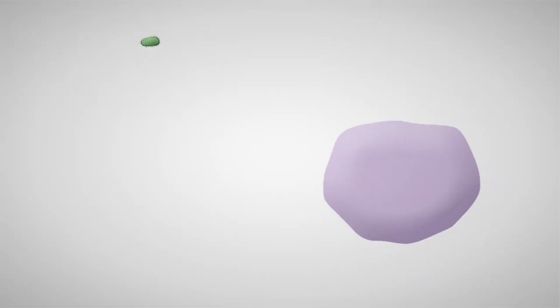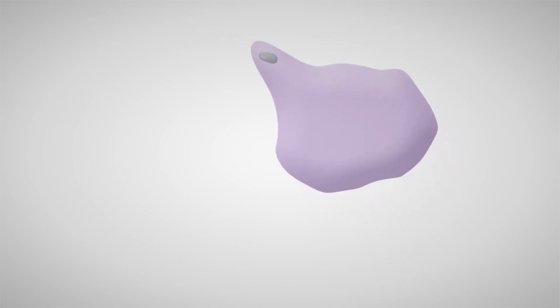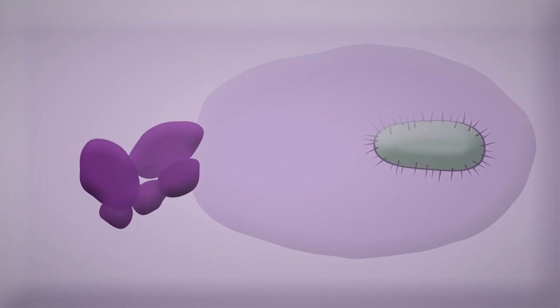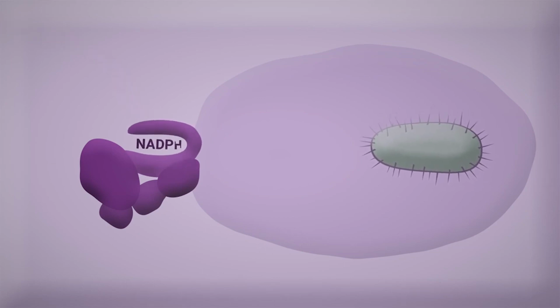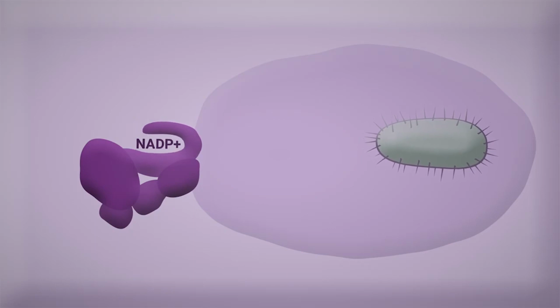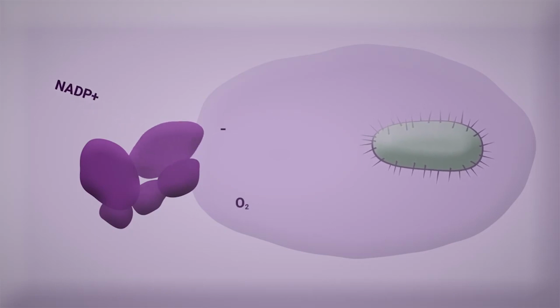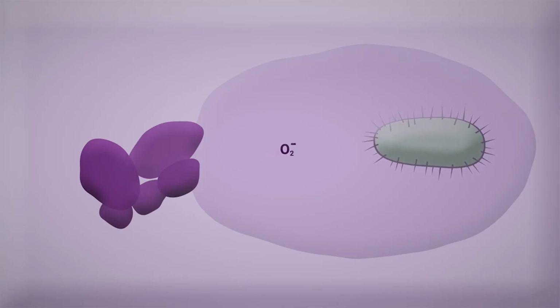When the white blood cell encounters a bacterium, it takes it inside and puts it in a little container. Now you have to kill it. How do you do that? You assemble a bunch of proteins on this container. They take a chemical in the cell called NADPH. They turn it into NADP plus because they've taken an electron from it, and they give that electron to oxygen.